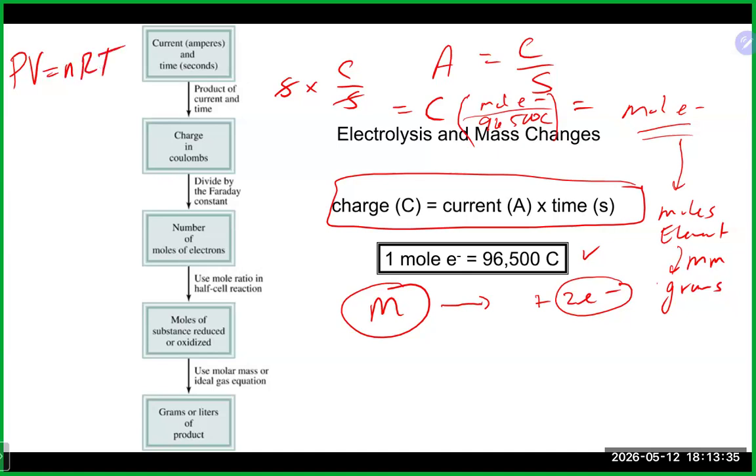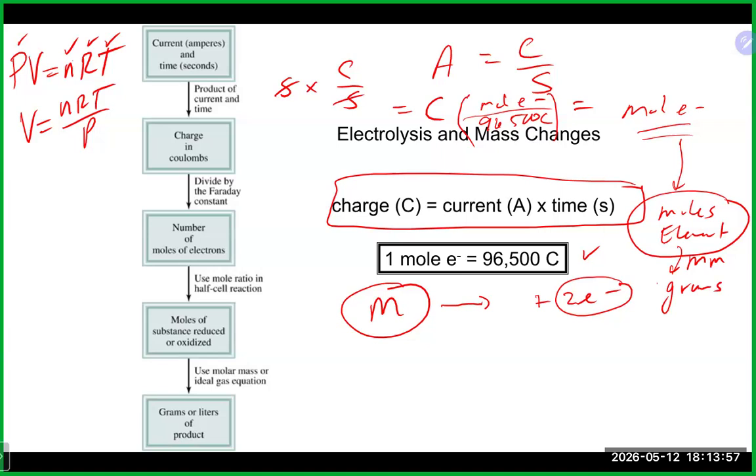So in these type of problems, if you're given a temperature and a pressure, you could use this to get to the moles, and obviously R is a constant, you could solve for volume, which would be nRT over P. And again, that's a very common ending, especially if you're collecting some type of gas.